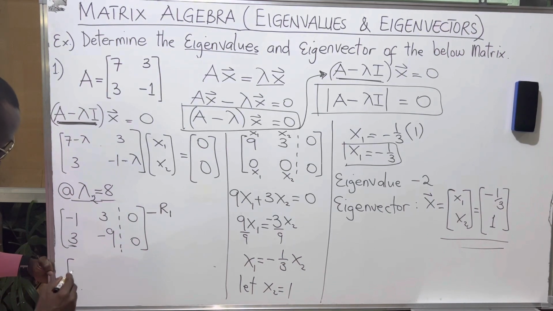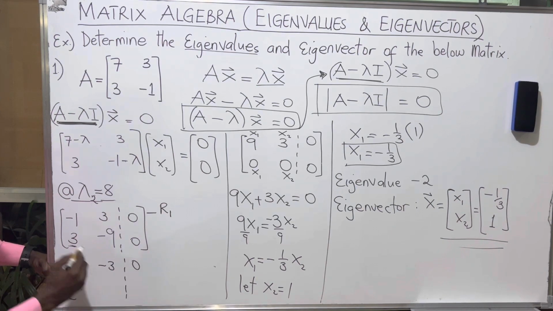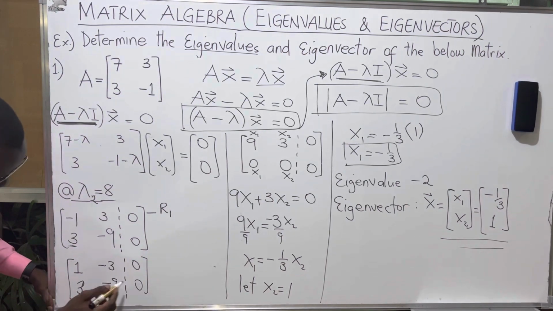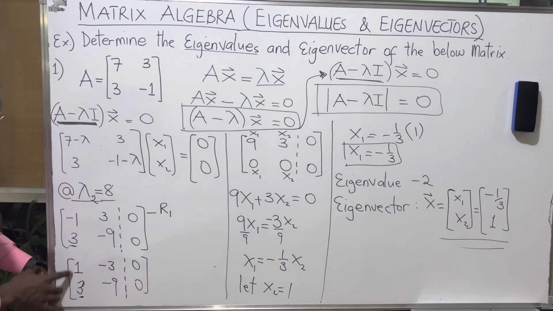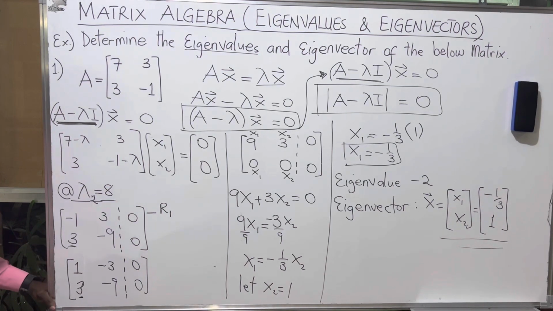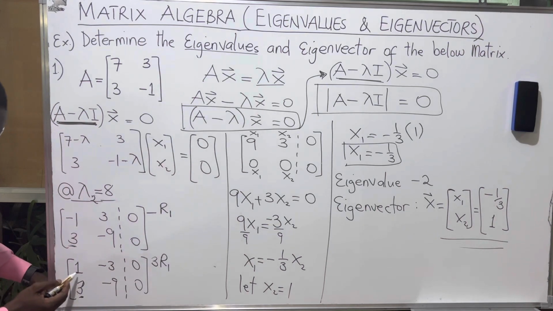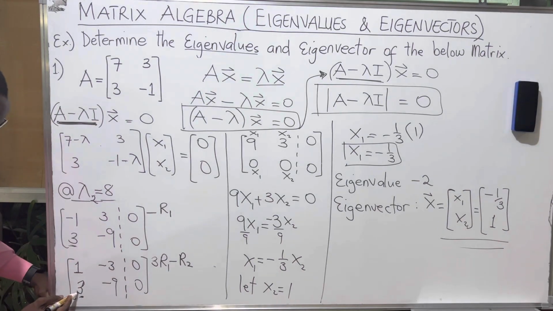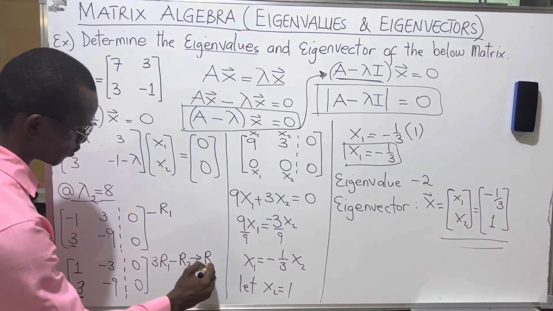That now will lead to positive 1, minus 3, 0. The second row remains the same. So we also apply another operation to make this 0. On every leading one, there should be all zeros. So to make this 0, we can say 3 row 1: 3 times this 1 is 3, minus row 2, which is now 3, gives us 0. So we indicate that we are applying this operation on row 2.